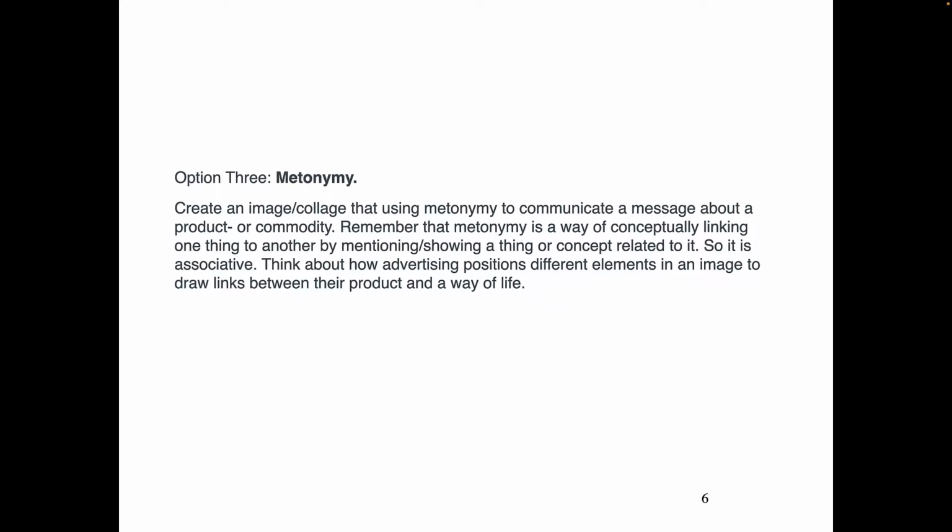Option 3, metonymy. Create an image collage that is using metonymy to communicate a message about a product or a commodity. The best way to think about metonymy is that it's sort of associative. So, for example, advertising uses metonymy quite frequently in the sense that they will pair, say, somebody famous or somebody who has an expert view, like a doctor, and will associate that expertise with whatever they're talking about.